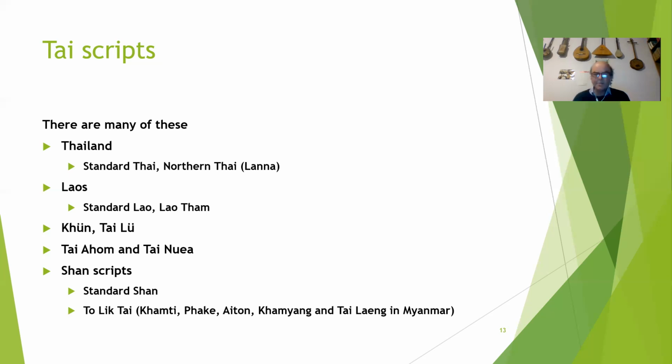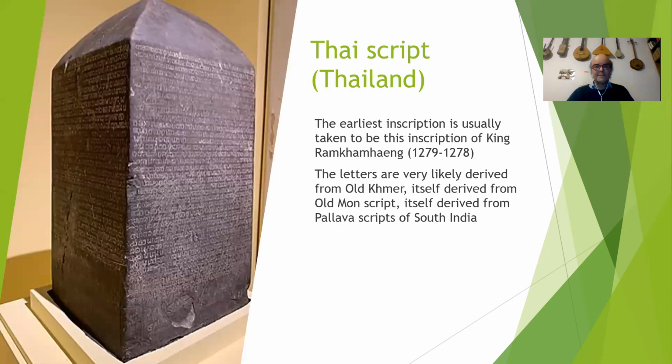They are quite similar. And then there are the various types of Shan scripts, standard Shan, and then what we might call the Tai Khamti, Pake, Aiton, Khamyang, used also in the Tai Lang manuscripts in Myanmar and various other groups. And they're all a little bit different from each other. It is a very interesting topic, this one.